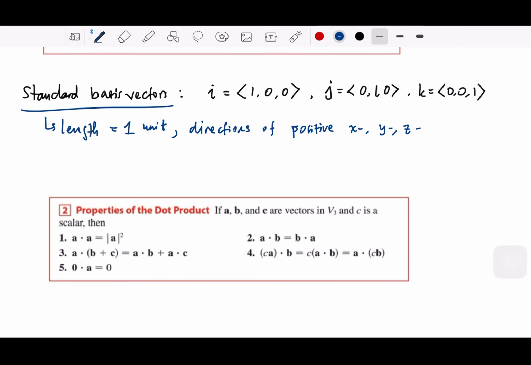And sometimes we can write vectors in terms of i, j, and k. So we can write a vector like 1, 2, 5, or we can write this as i plus 2j plus 5k.